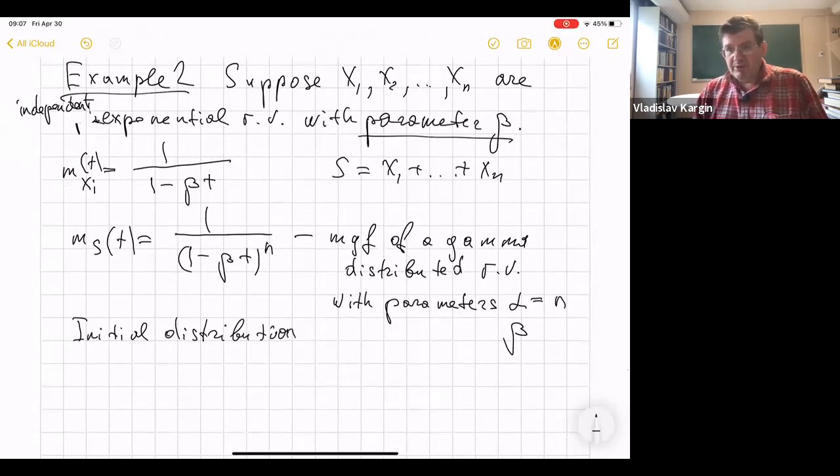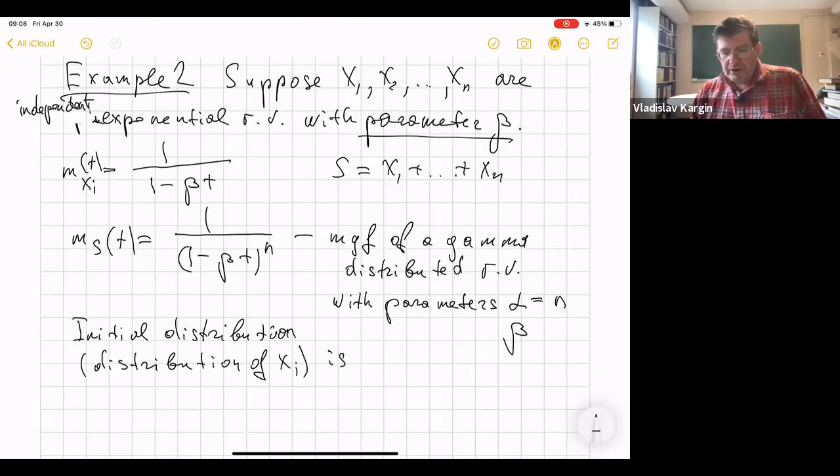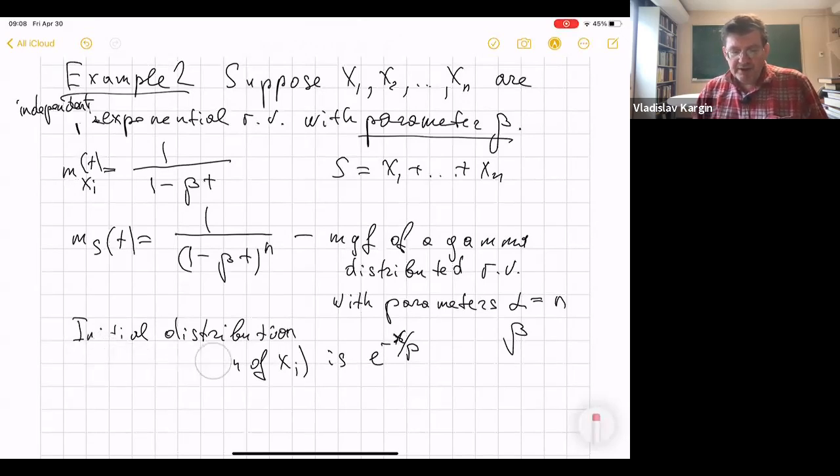By initial distribution, I mean the distribution of X_i, or rather the density. Sorry about this. The density of X_i is e to the minus x divided by beta, and here's 1 divided by beta.